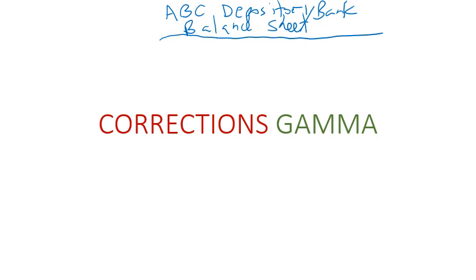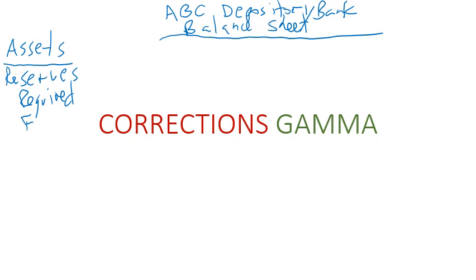Okay, so on the left side we have the assets of a depository institution, and on the asset side we have reserves, which are partly required and partly excess, and then we have loans, or loans capacity of a depository institution.